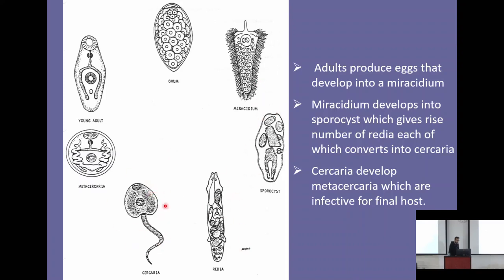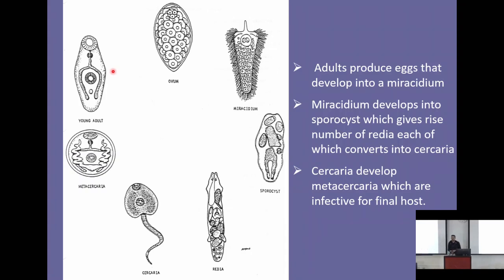So these four stages are in the snail, and then this stage will come out from the snail and convert into the metacercaria form. There is no tail, and then this is eaten by the definitive host and further converted into juvenile and adult stage within the host. Depending on which parasite fluke is infected, some go into the liver, some go into the lungs, but first they go into the intestine, and from there they penetrate into the different organs where they are supposed to go.